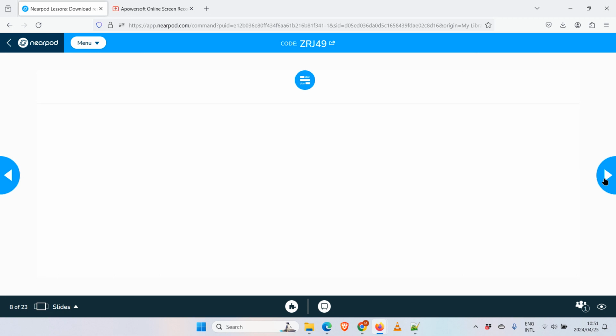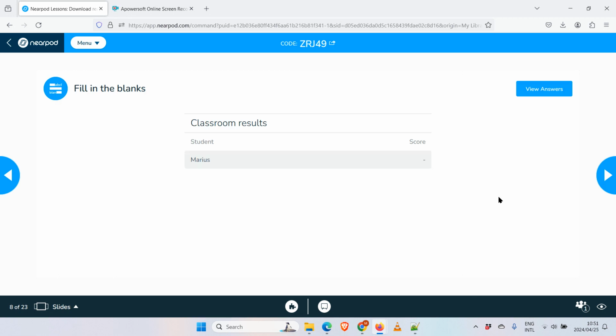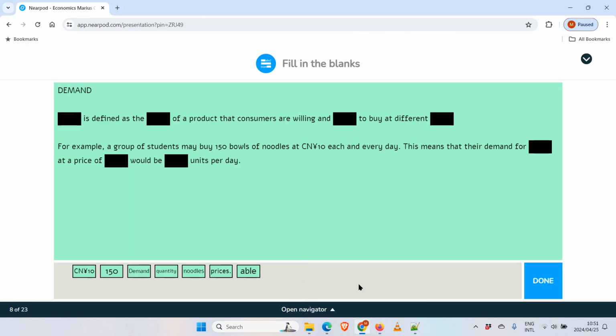Let's just wait for the screen to load, and here we are. Let me go back to the student side, and here we see there's a paragraph with some missing words about demand that students will have to complete to help them in understanding demand.